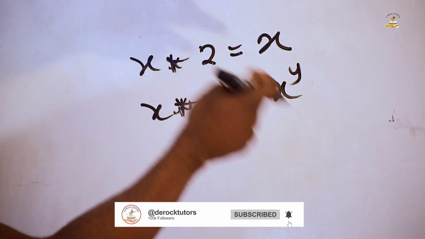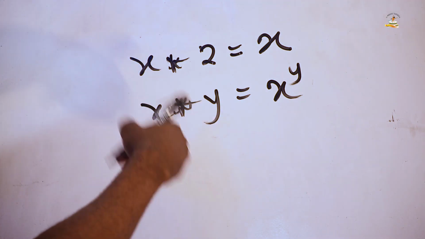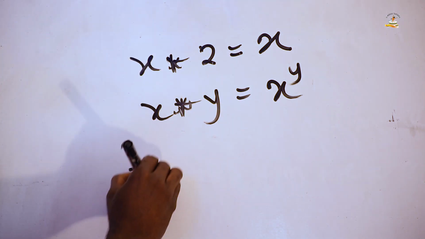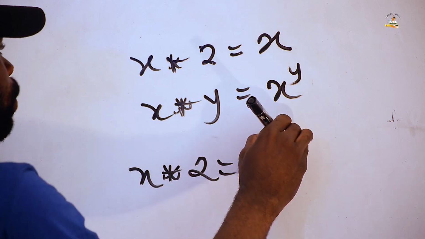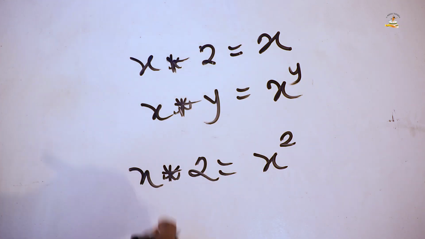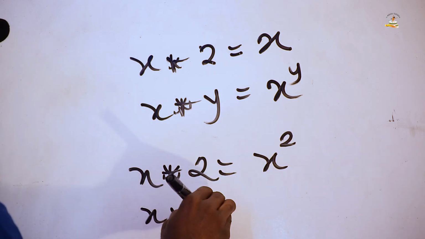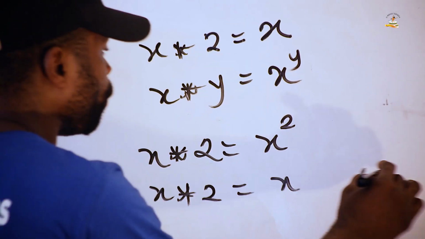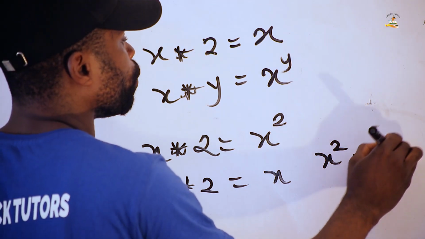If x asterisk y generally is given as x raised to power y, and x asterisk 2 is given as x, it implies that x asterisk 2 can also be given as x raised to power 2. Therefore, if x asterisk 2 is equal to x squared and x asterisk 2 is given as x, we just have to equate the right hand side, which is x squared equal to x.